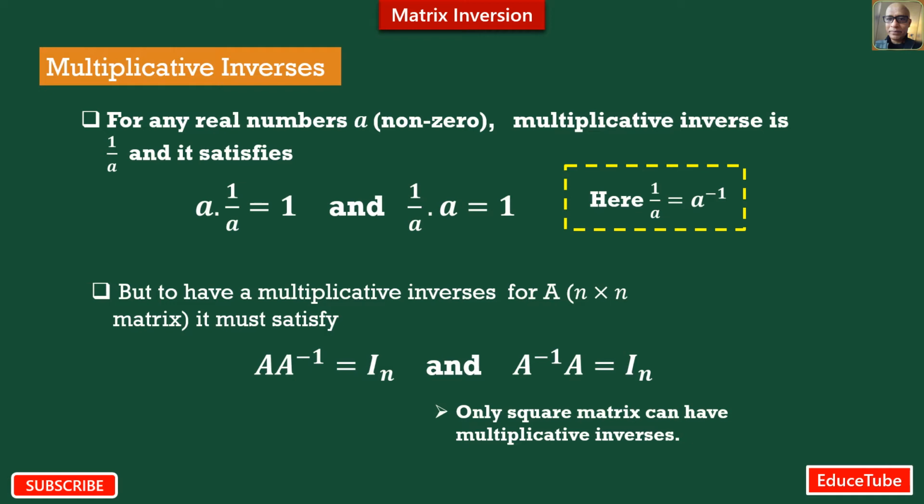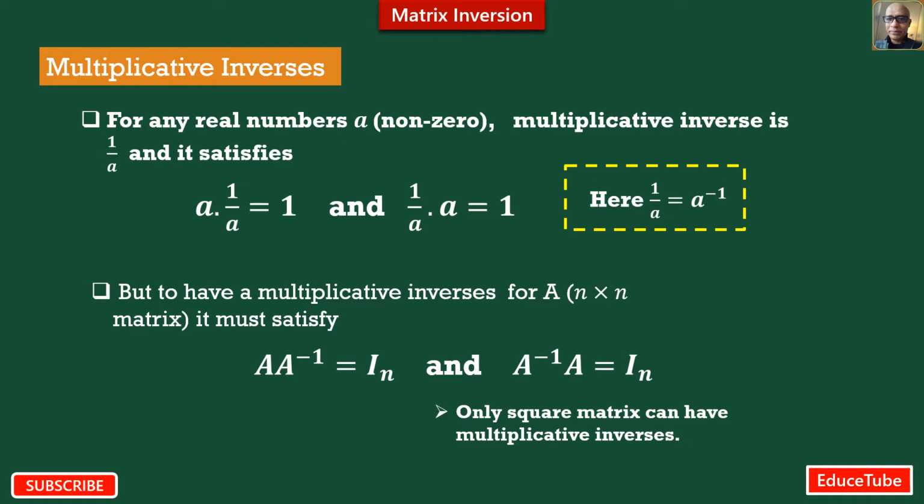For example, if the number 1/3 is multiplied by 3, we get 1. So 1/3 and 3 are multiplicative inverses.